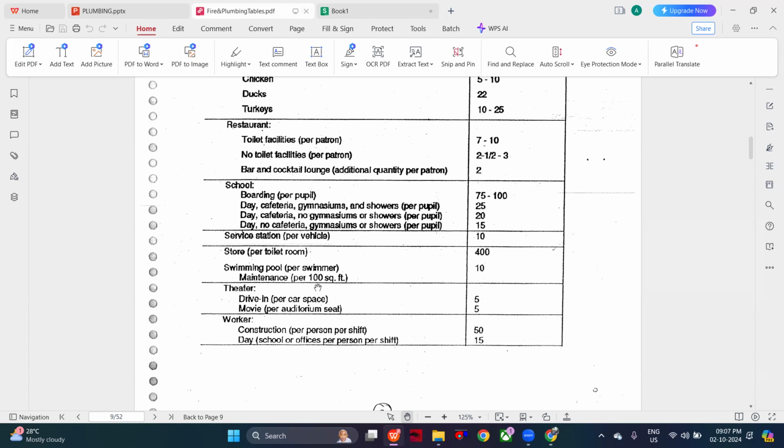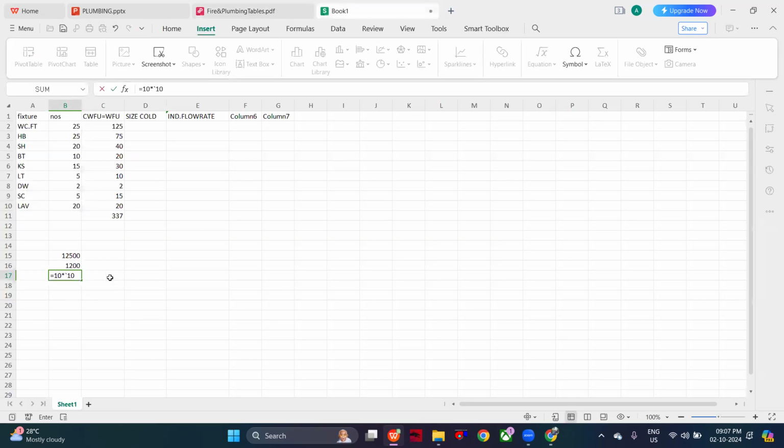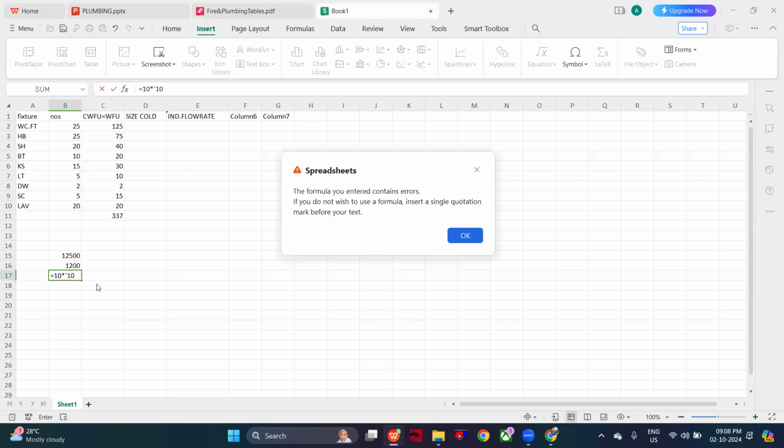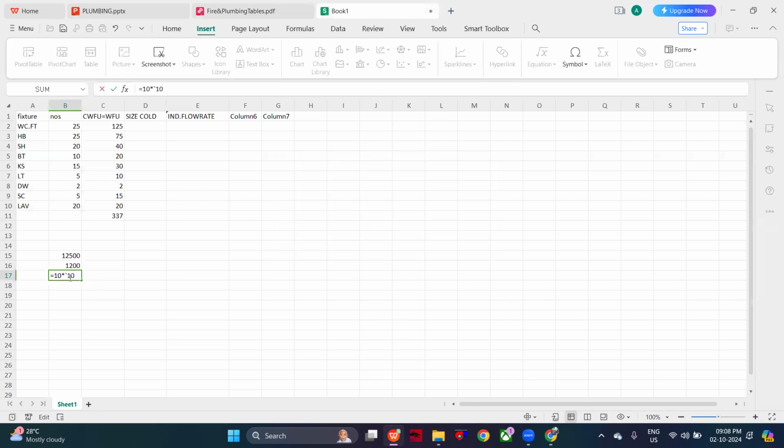I have 400 square feet. So 100 gallons for the 10 swimmers per 100 square feet, and I have 400 square feet, so 4 into 100 is 400 gallons.